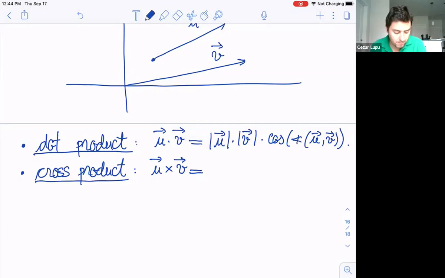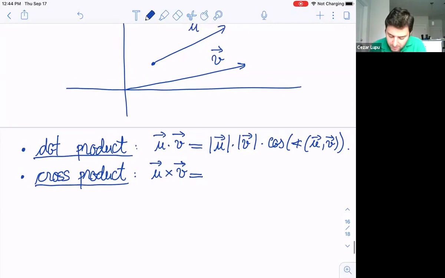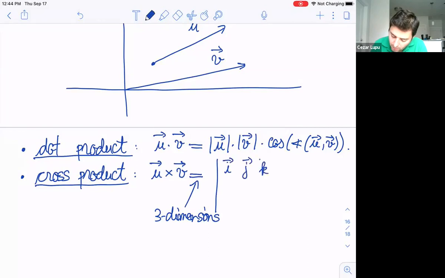This will be a little bit, I wouldn't say more complicated to define, but for example, in 3 dimensions, because we're interested in that, this will be nothing else than just the determinant of the unit vectors i, j, k, if you remember them.